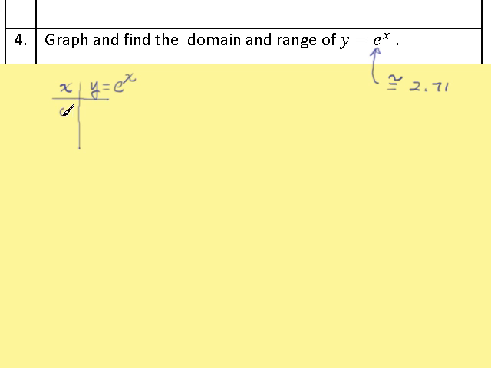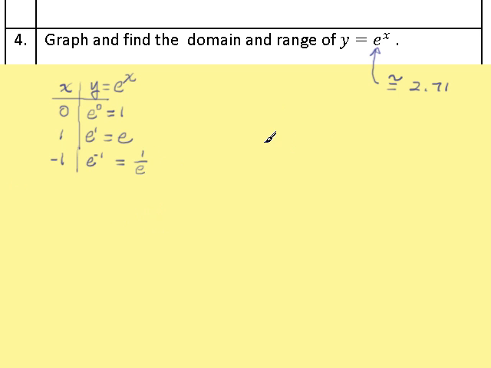When x is equal to 0, we have e to the 0, which is 1. If x is equal to 1, we have e to the 1, which is e. And if x is equal to -1, we have e to the -1, which is approximately 1 over 2.71. I'll just write 1 over e.